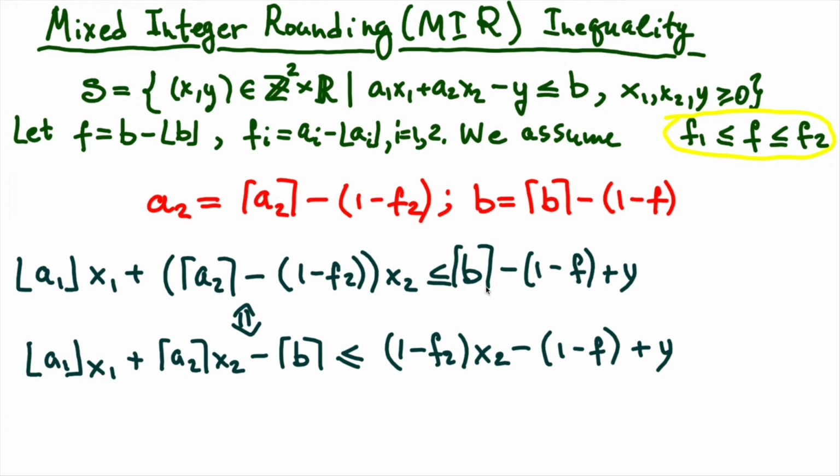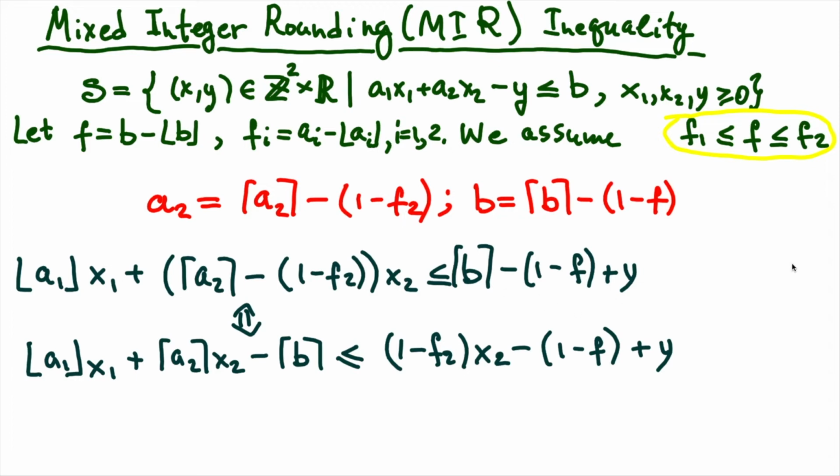And also the fractional part of b, or to be precise, 1 minus the fractional part of b, is involved in the right-hand side as well. So as a result, this is what we obtain. So everything is integer right here, and everything is fractional or can be fractional in the right-hand side.